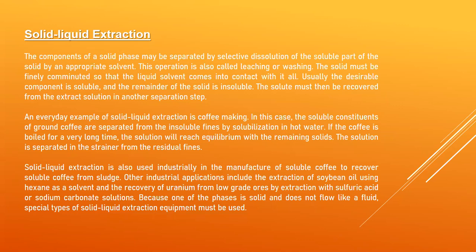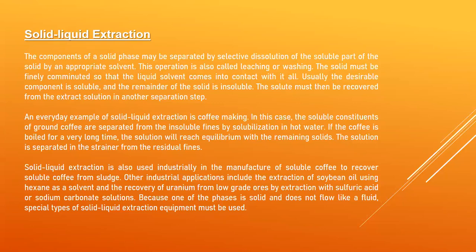Now the solid must be finely comminuted, meaning it should be very, very small so that the liquid solvent comes into contact with all of it. Usually the desirable component is soluble and the remainder of the solid is insoluble, and we refer to it as the inert insoluble solid. The solute must then be recovered from the extract solution in another separation step.